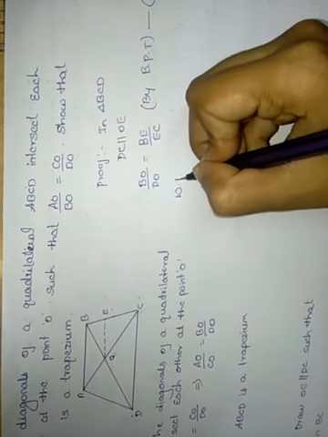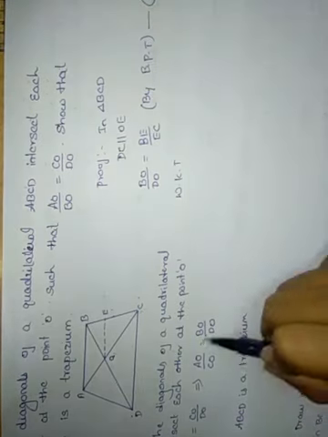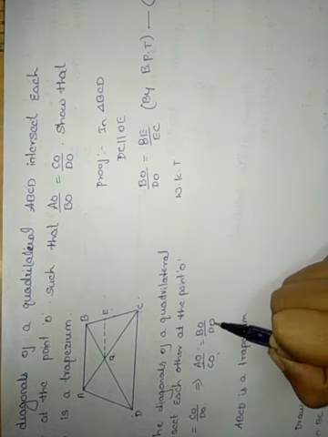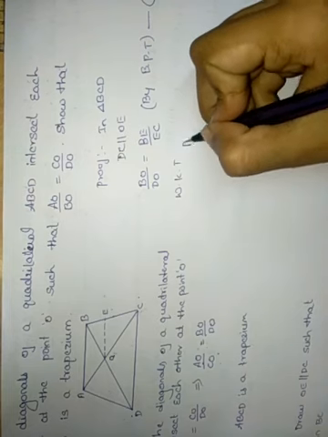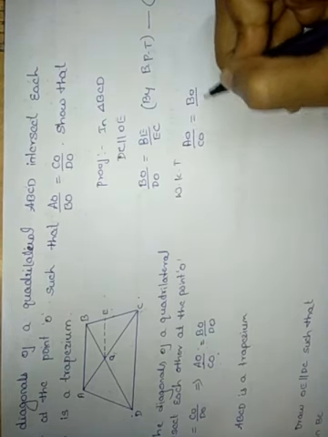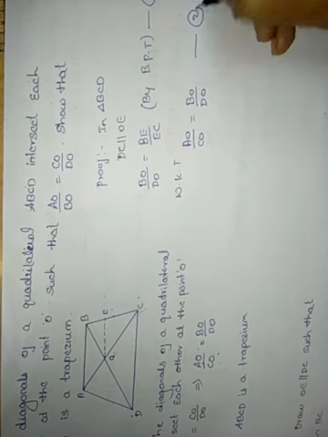But we know that AO divided by CO is equal to BO divided by DO, right? We'll write AO divided by CO is equal to BO divided by DO. We'll call this equation 2.